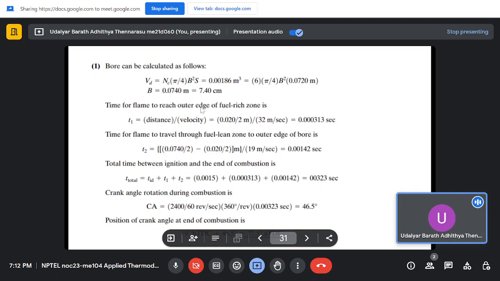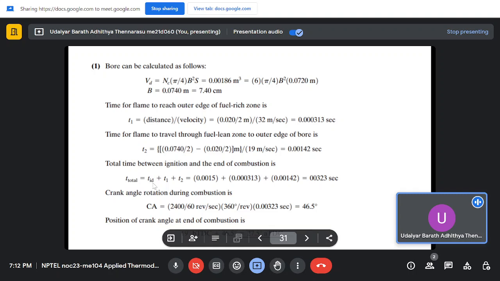Now the total time for combustion to end from the spark ignition is the ignition delay time plus the combustion time in the fuel rich zone plus the combustion time in the fuel lean zone.